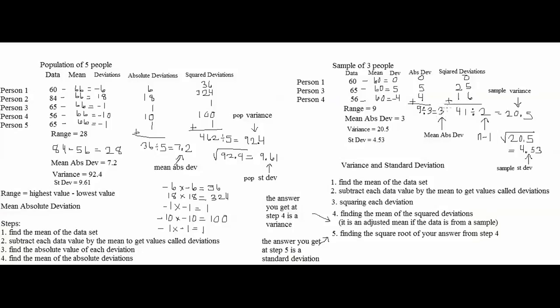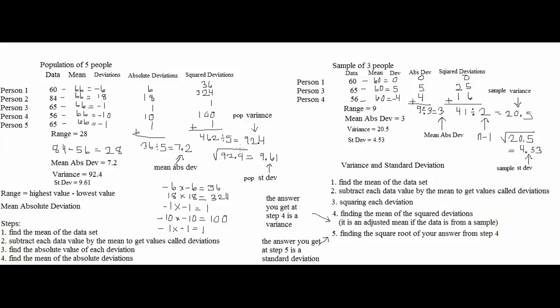And then if you calculate the standard deviation, you get a number close to the mean absolute deviation. So once again, the mean absolute deviation is the average distance from each data value to the mean, and the standard deviation is a number that roughly shows the average distance from each data value to the mean.